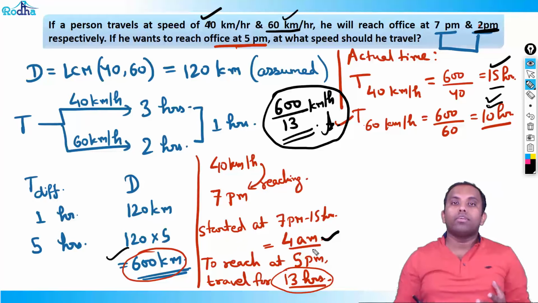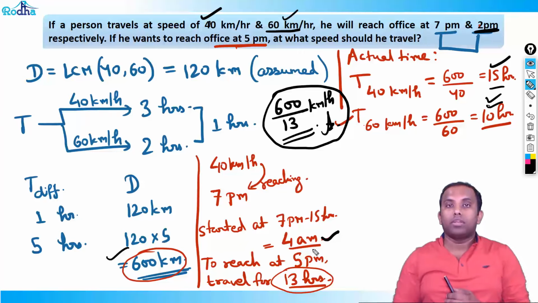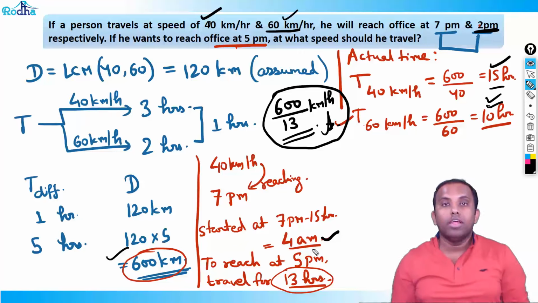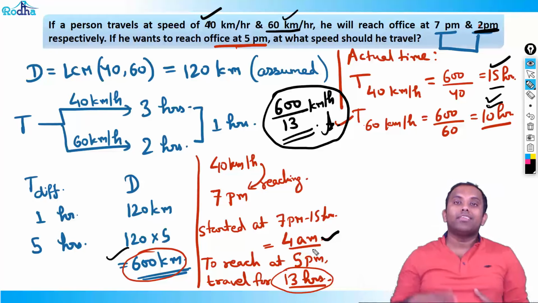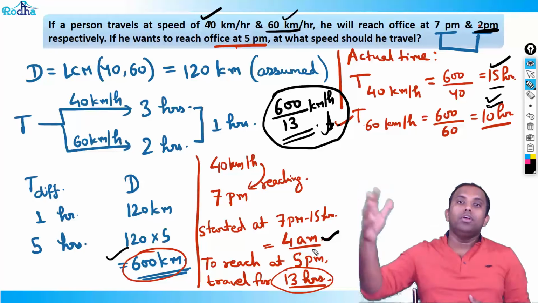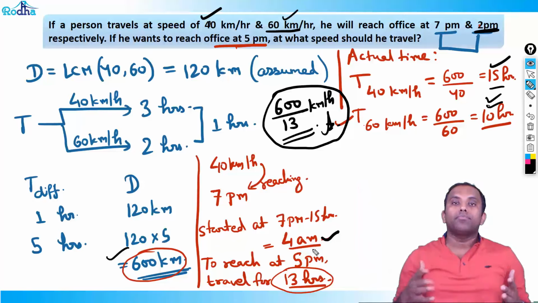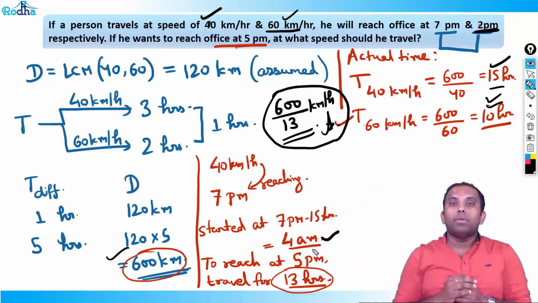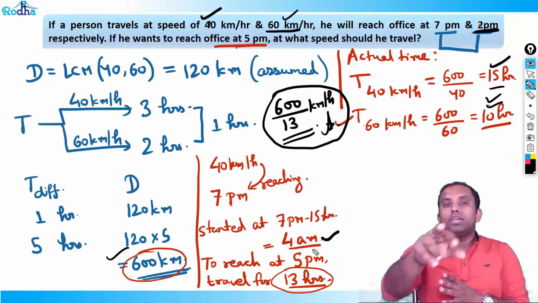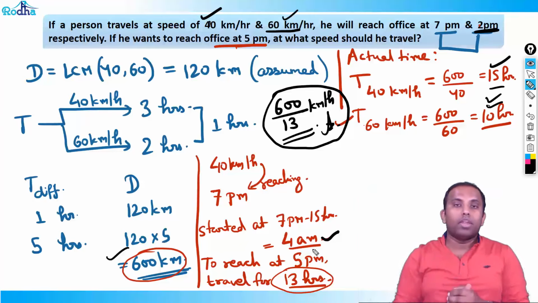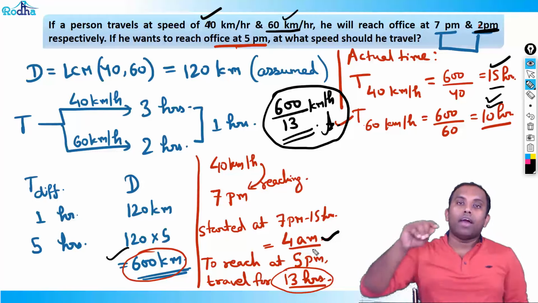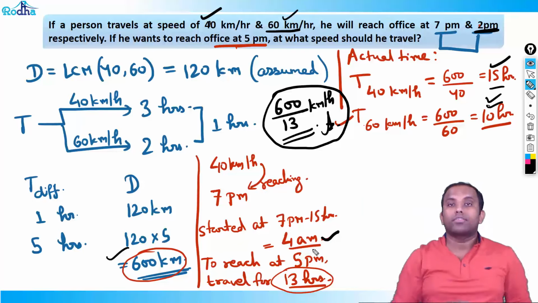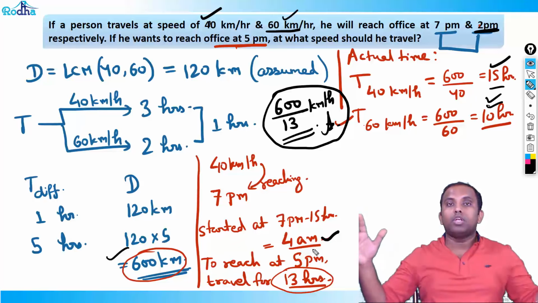Let's say his office is at a distance of 600 kilometer. That can't be the office, it's illogical actually, so take it as another city. He starts from his hometown at 4 a.m., and his destination is 600 kilometer away. He needs to reach his office at 5 p.m., so he has to travel for 13 hours, 4 a.m. to 5 p.m. The distance of 600 kilometer is to be covered in 13 hours.